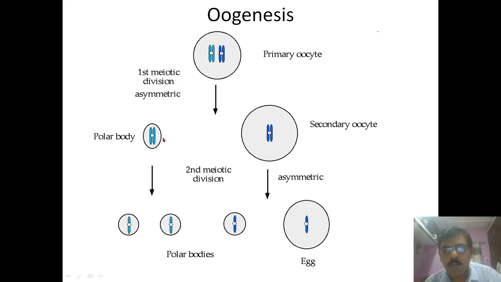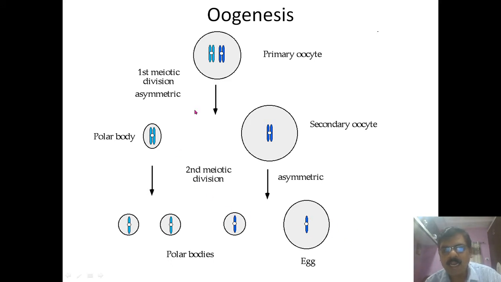The first polar body gives rise to two polar bodies, and the secondary oocyte at the time of fertilization releases another polar body, that is a third polar body, and the ovum proper.